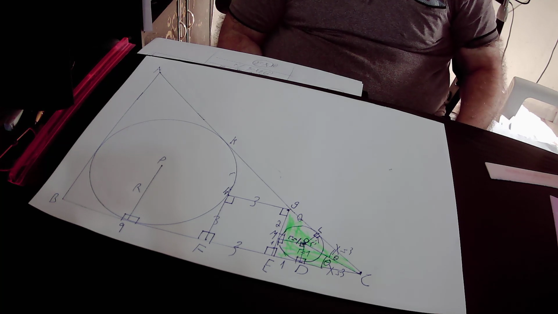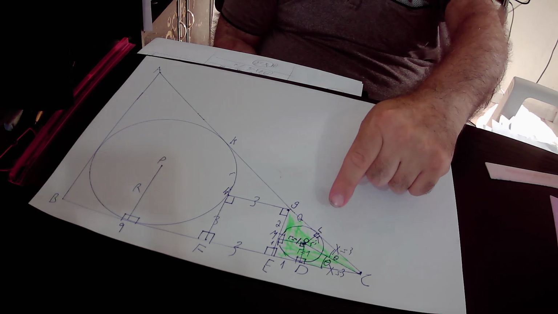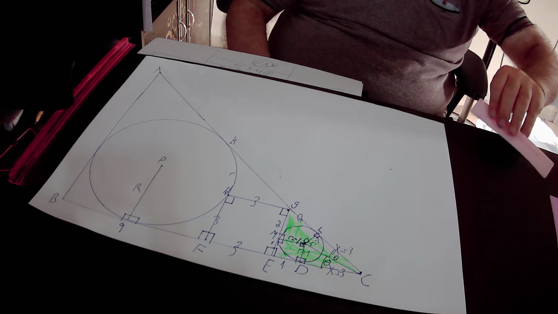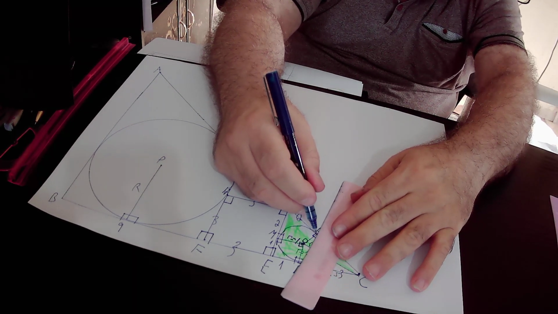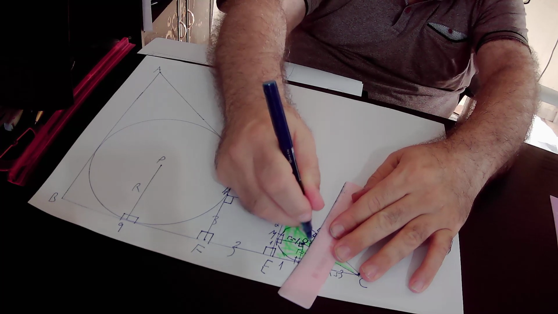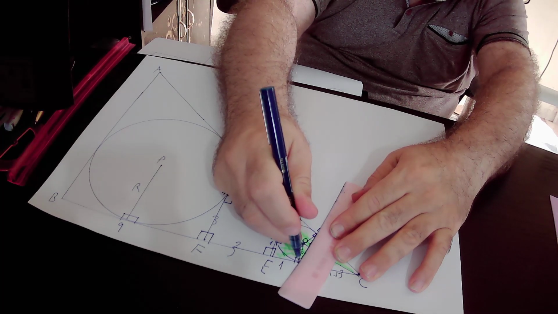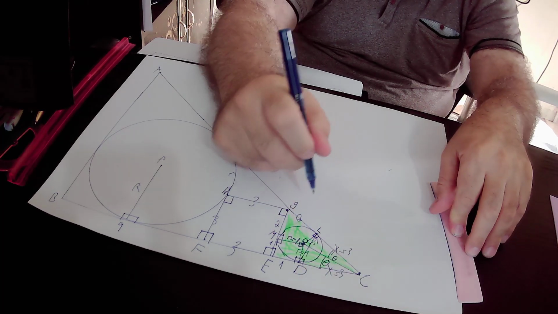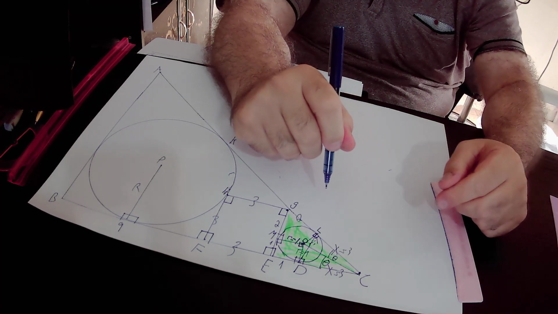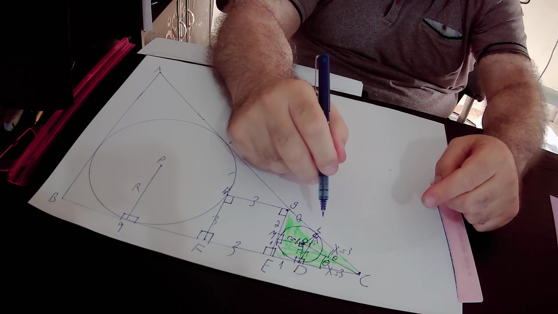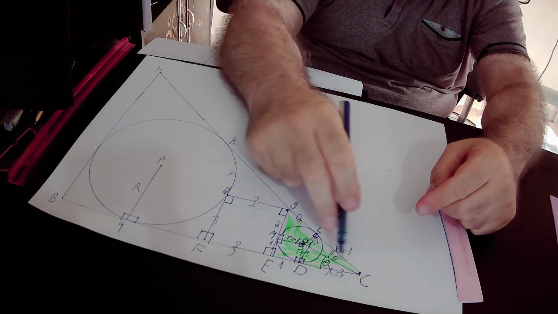So in the next step, we join points L and D together by a straight line. By joining points L and D together by a straight line, we create a triangle LDC.